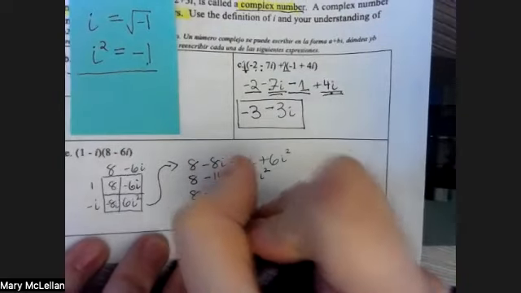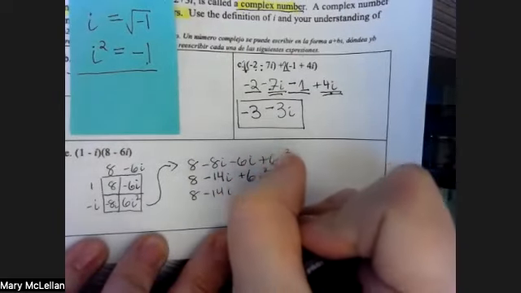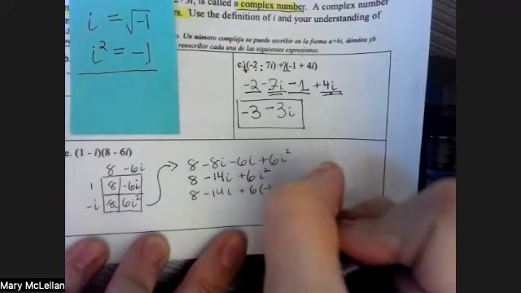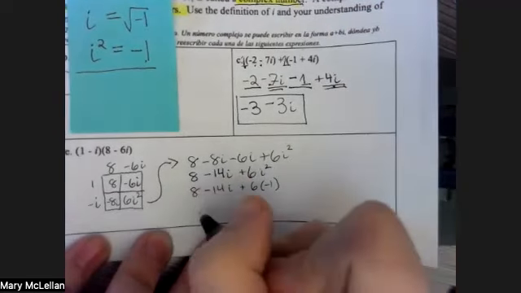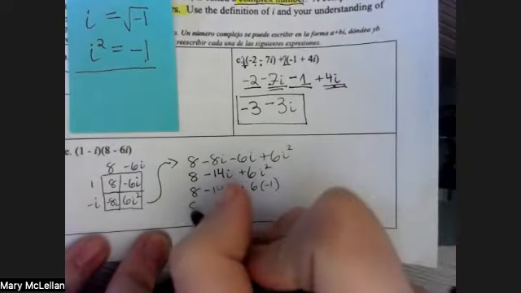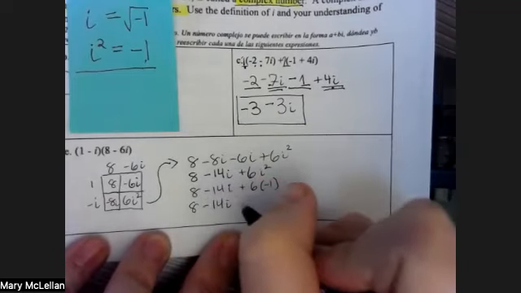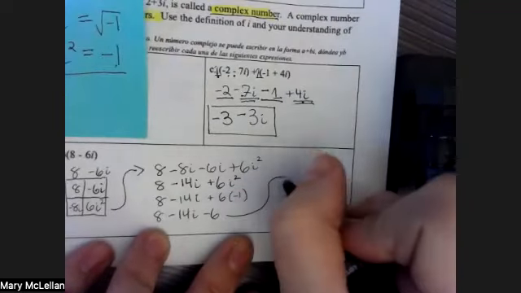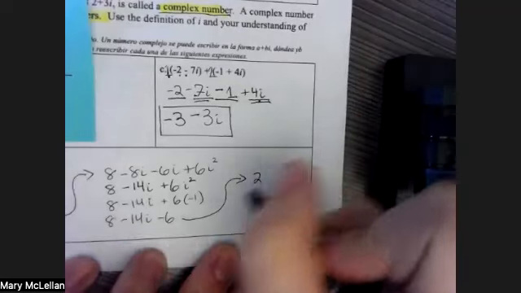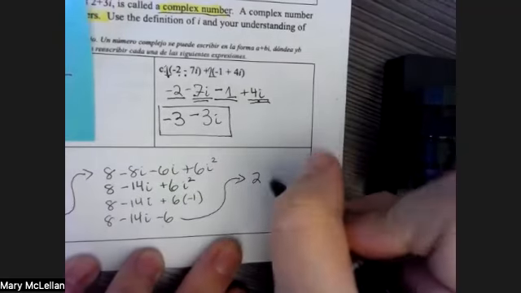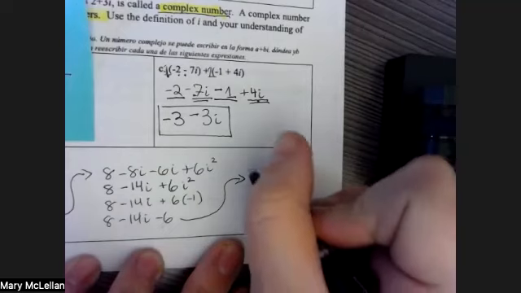So this becomes 8 minus 14i plus 6 times -1, which is 8 minus 14i minus 6. Final answer, 2, because 8 minus 6 is 2, minus 14i.